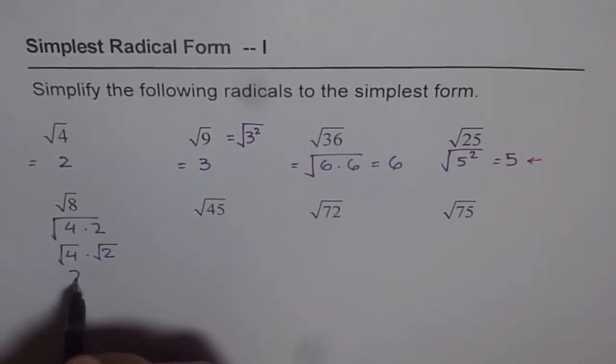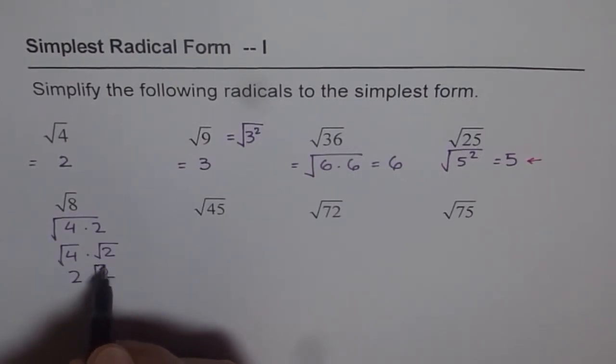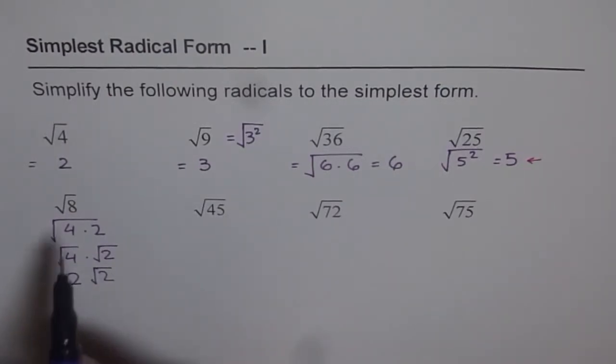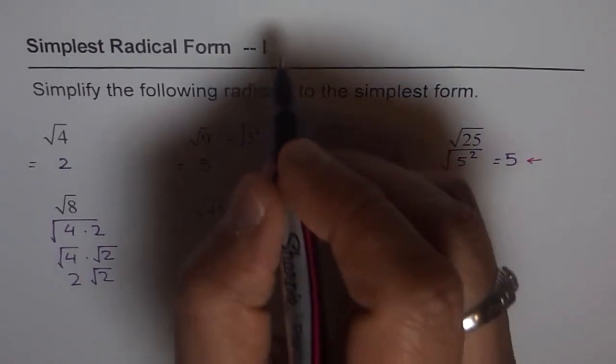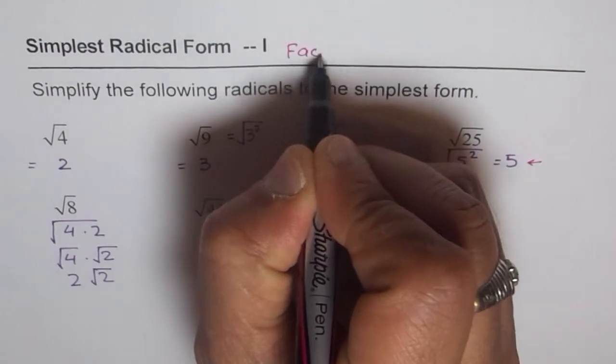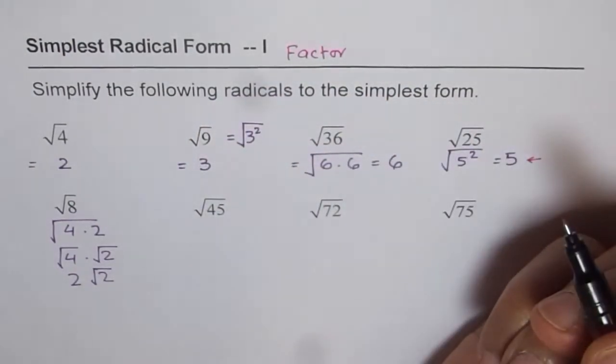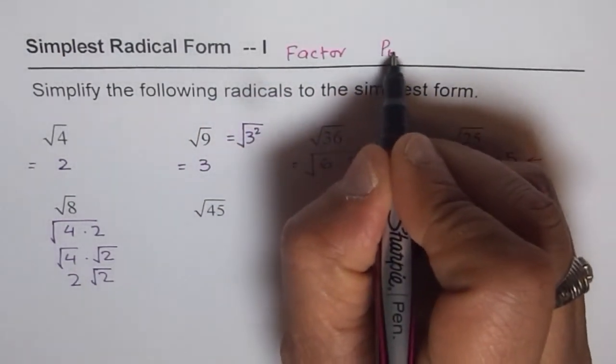So we get 2 square root 2 as the simplified form of square root of 8. We say it is simplified because now the radical square root 2 does not have any factor which is a perfect square. So the key here is to factor, right? To factor and find what? Find perfect squares.